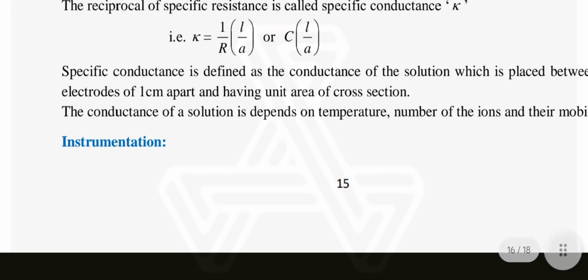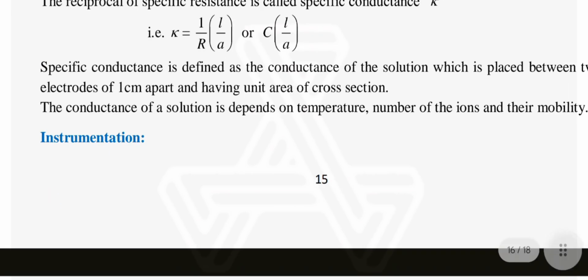The specific conductance is defined as the conductance of the solution which is placed between two electrodes of 1 centimeter apart, having unit area of cross section. The conductance of a solution depends on temperature, number of ions, and their mobility.